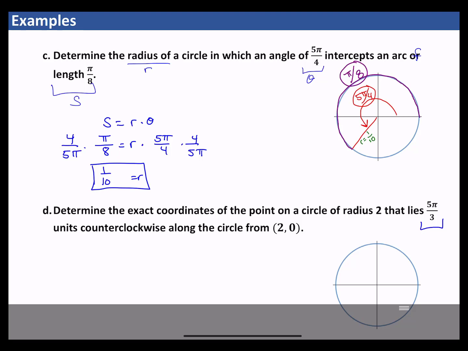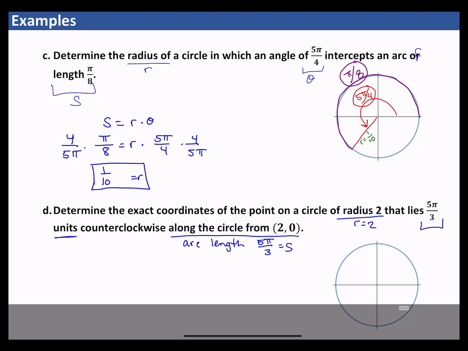We're told that the point lies 5 pi over 3 units counterclockwise along the circle from (2, 0). So all of that info together is actually telling us that the arc length is 5 pi over 3. So we know s. And we also know the radius is 2.